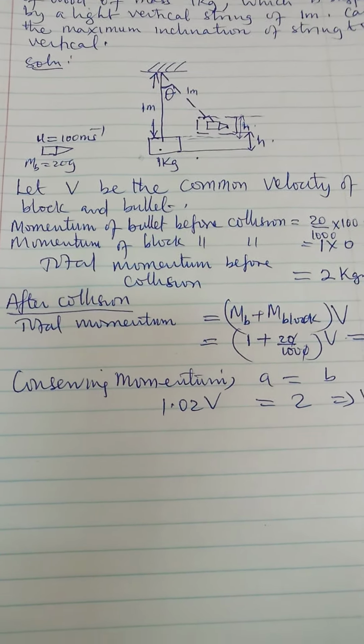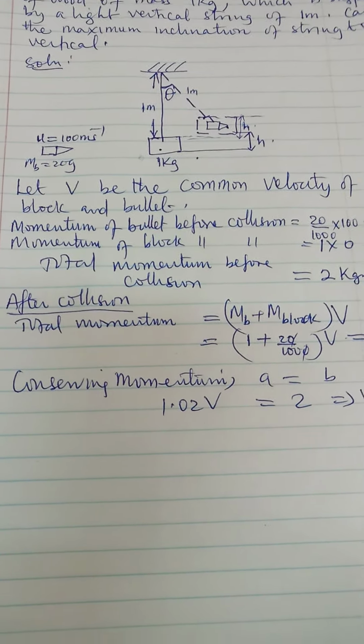And therefore, using the kinetic energy as a half times mv squared will be equivalent to the potential energy, which is mgh, where m is the total mass combined.